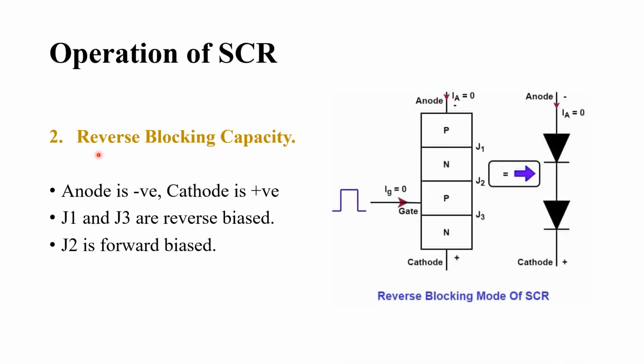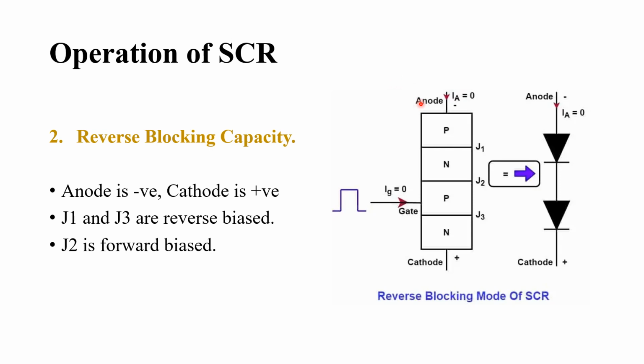Now we'll be discussing the second mode of operation, that is reverse blocking capacity or reverse blocking mode. First point, anode is negative, cathode is positive, J1 and J3 are reverse biased and J2 is forward biased. Unlike forward blocking capacity, the connections here are made inversely.